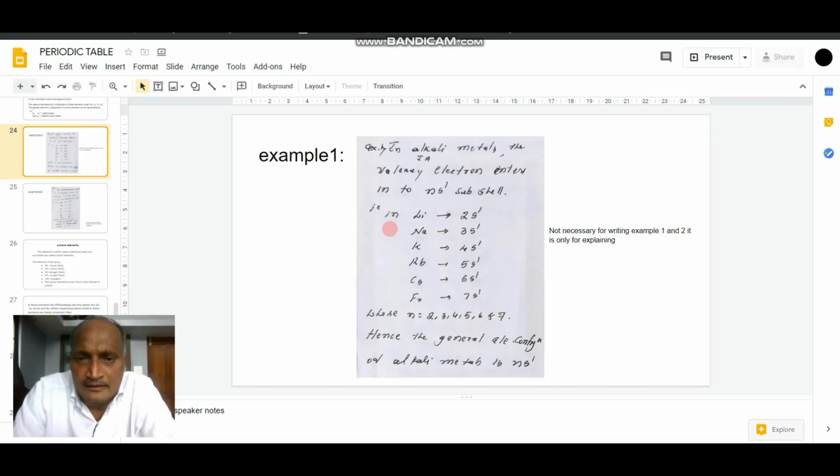Lithium, having atomic number 3, has the configuration 1s2, 2s1. Two electrons enter the 1s subshell as 1s2, and the remaining one electron, the valency electron, the third electron in lithium, enters into the 2s subshell as 2s1.